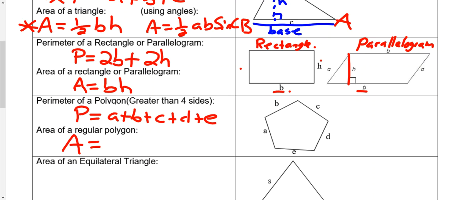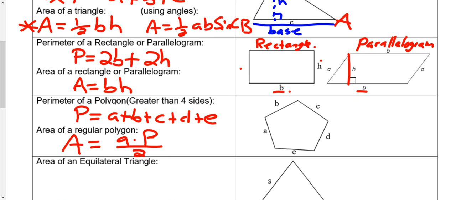The area equals one of the side lengths, we'll say A, times P, divided by 2. What does that P stand for? P stands for apothem.